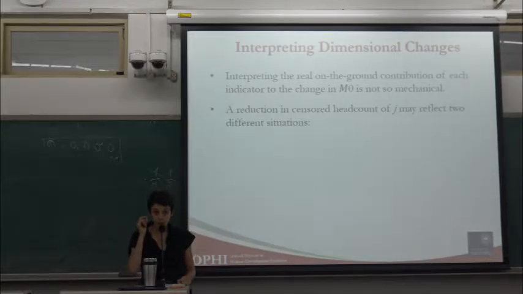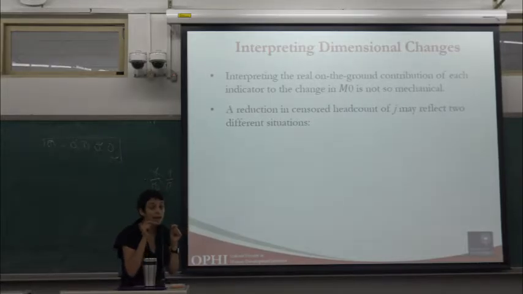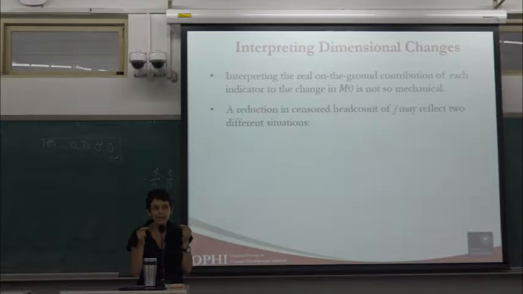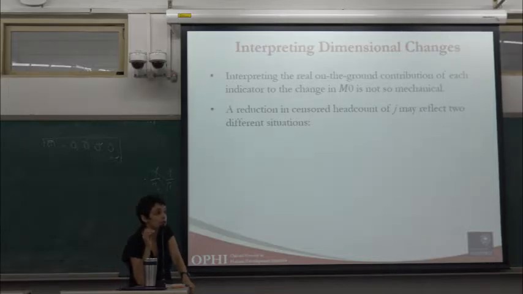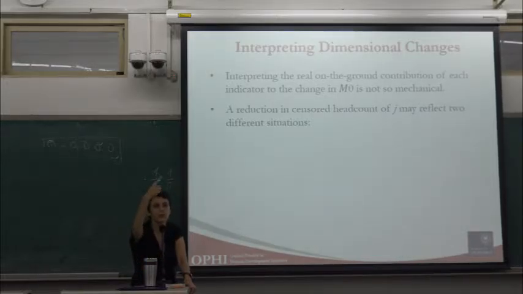Why? Because you are looking at the reduction of the censored head count. But what makes the censored head count go down? Remember, the censored head count is the percentage of people who are poor and deprived. So, what can make that number go down? Shout.